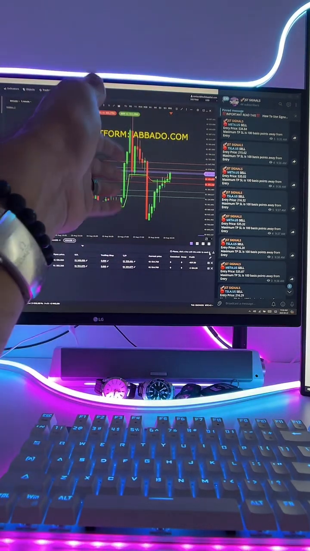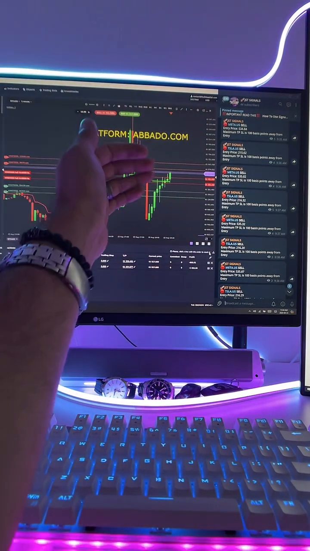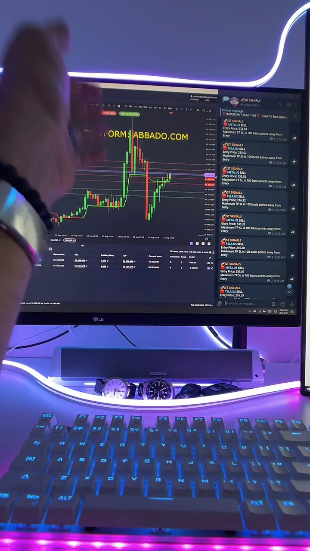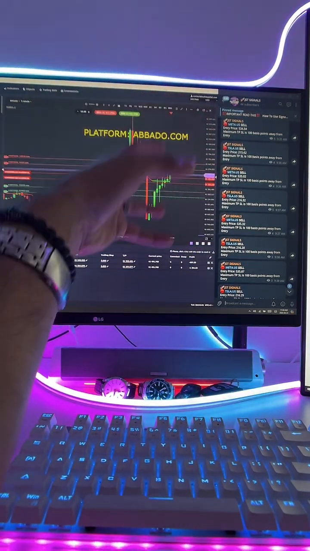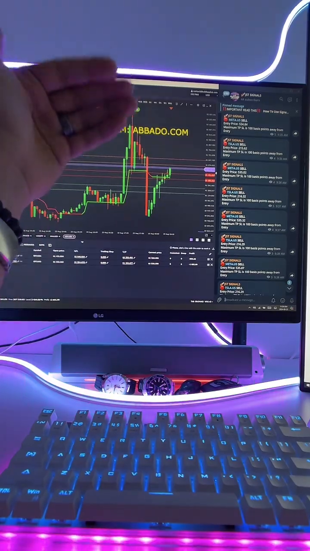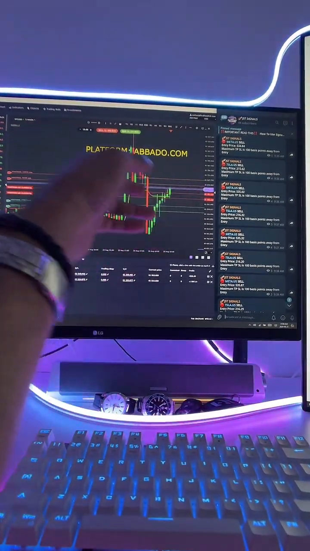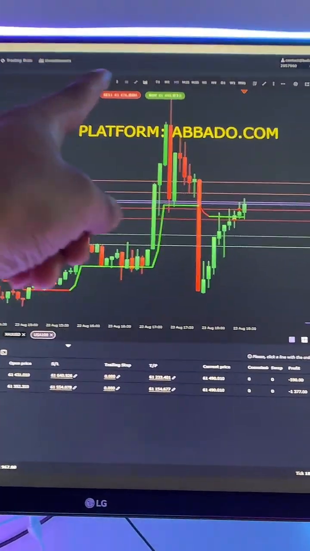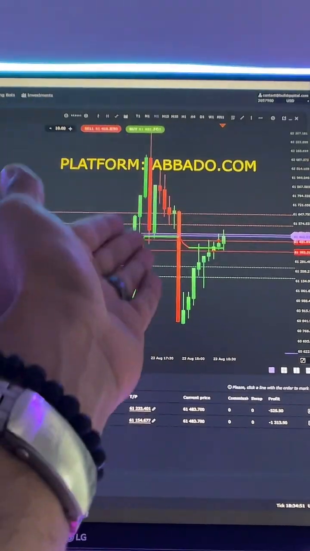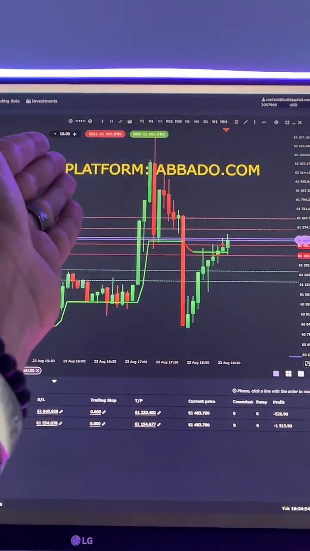Now, what I do is I use it as a confirmation with the super trend. I use it as a confirmation with the range bars, because let me explain something to you guys. If we look at it overall, when it comes to trading, we basically have a 50-50 chance of getting it right.